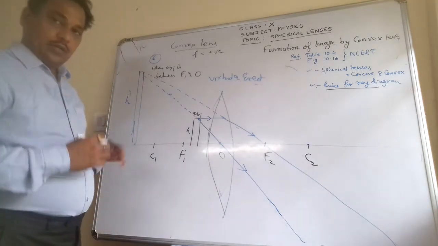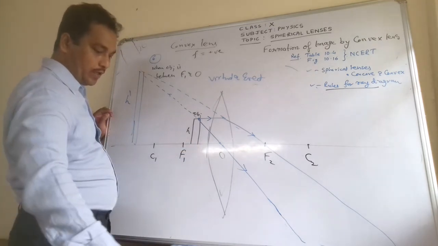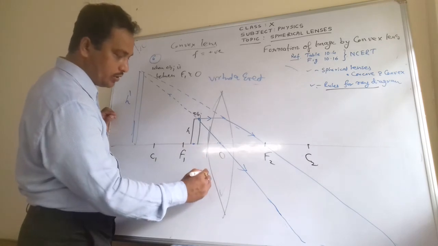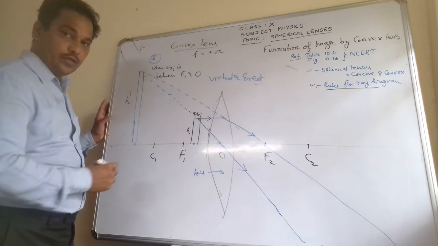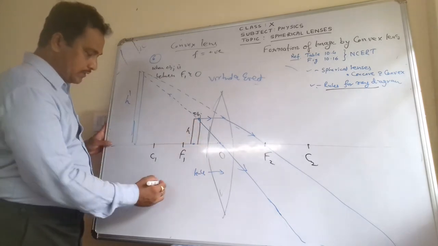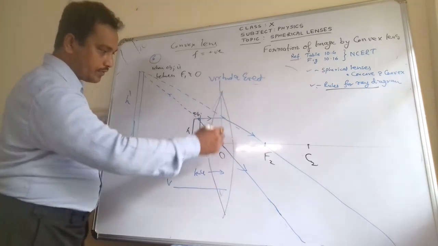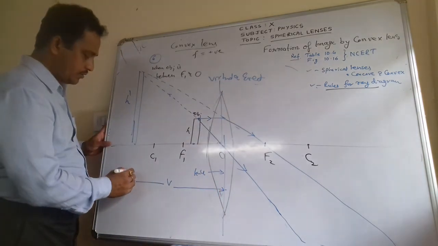All of you are aware of labeling the variables u and v. Here the distance of the object from the optic center is denoted by small u, this distance. The distance of the image from the optic center is denoted by small v, from here to the image.